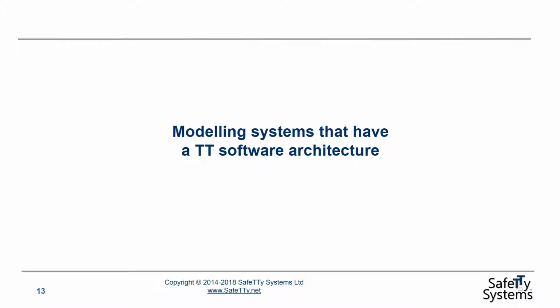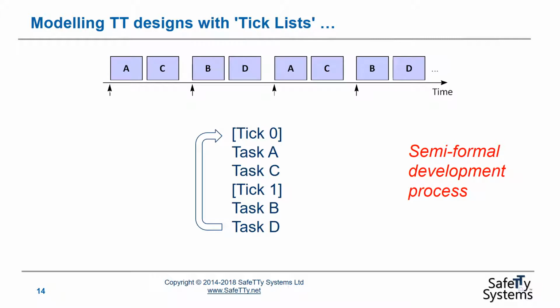So the first key advantage of TT systems is that we can model the system behavior very precisely at design time. So this becomes what's sometimes called a semi-formal development process. We represent our system in each operating mode by what is known as a tick list. Now we looked briefly previously at a graphical representation of this tick list.